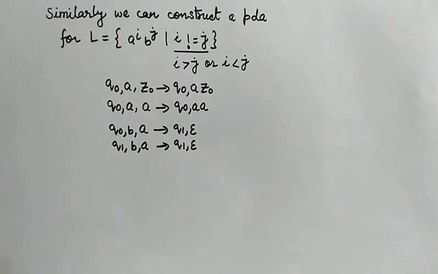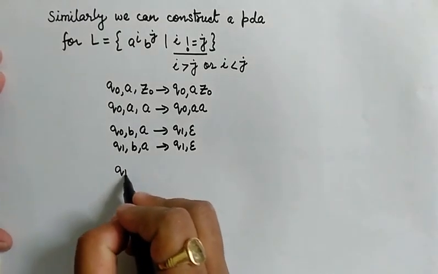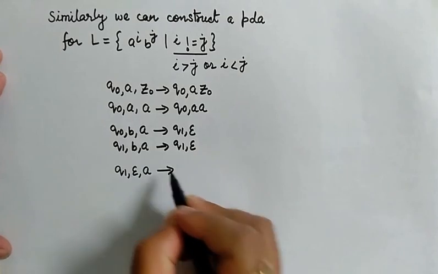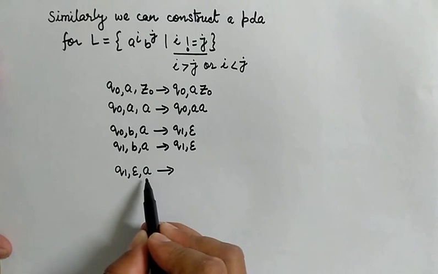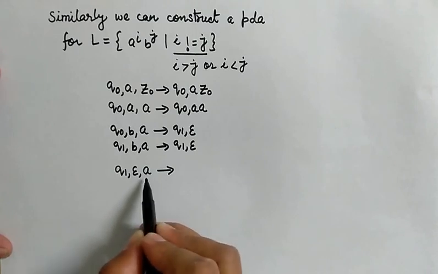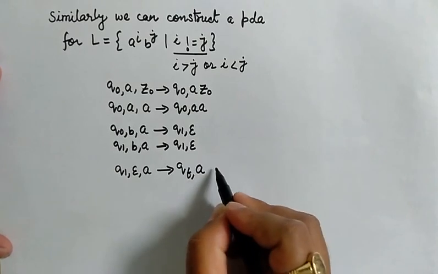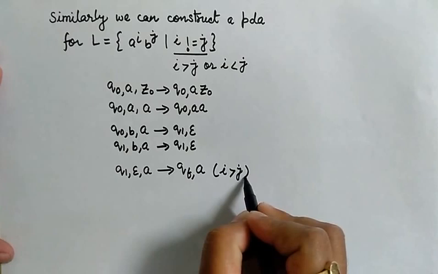Either I is greater than J or I is less than J. So if I is greater than J, we will get this. That means all B's have been exhausted and A will be on the top. If we get this situation, we will go to a final state. This is the situation when I is greater than J.